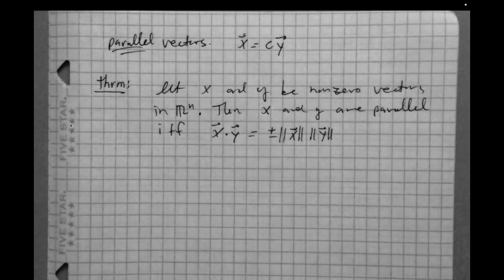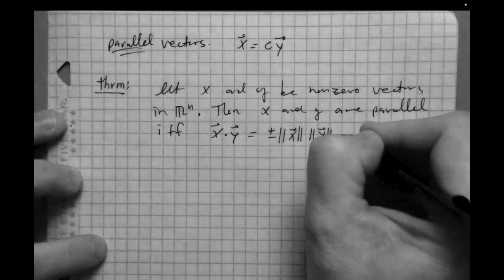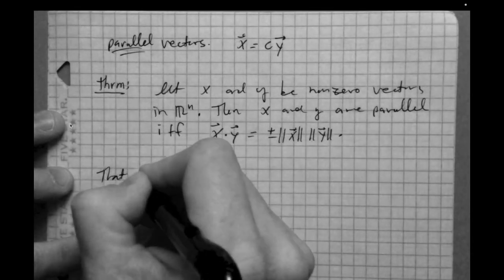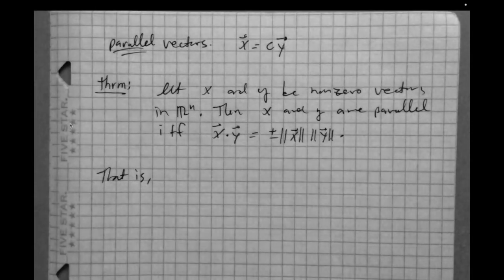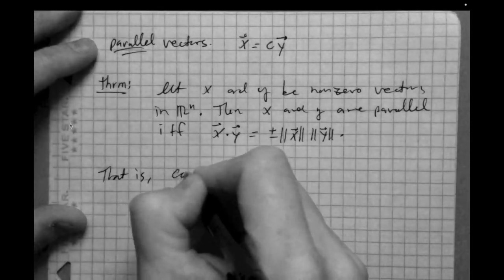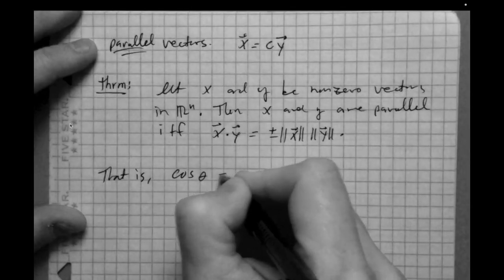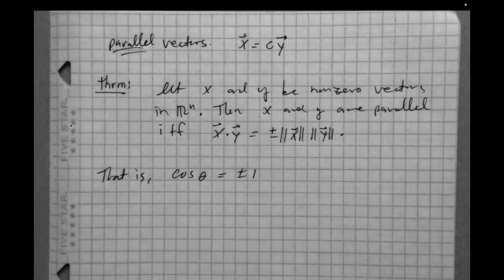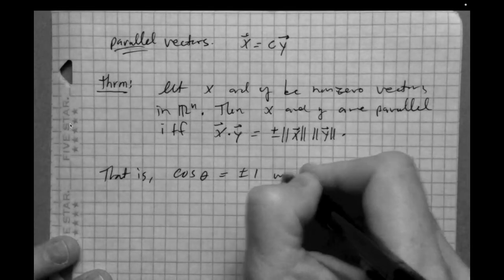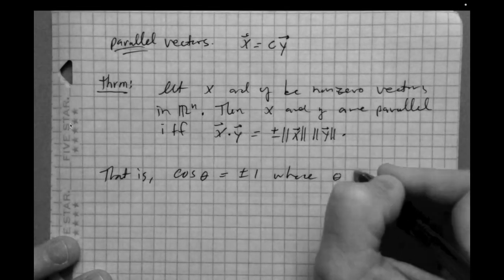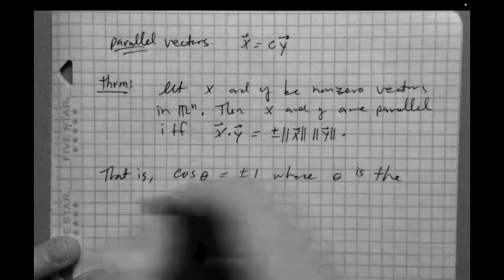So, what does this mean? Well, that is basically cosine of theta needs to be equal to plus or minus 1, where theta is the angle between them.